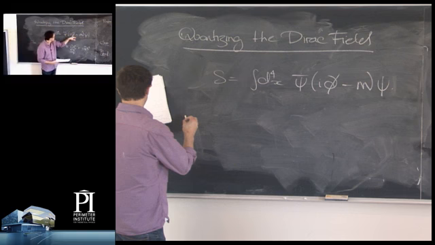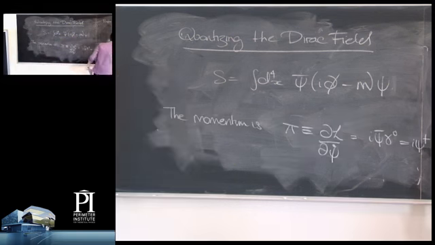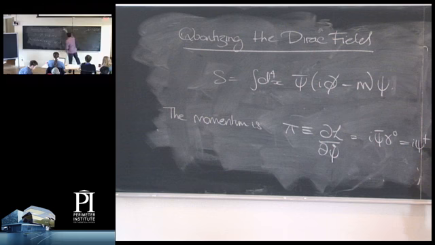Differentiate with respect to psi dot. There's the i, there's a gamma 0 lurking in this D slash, and there's the psi bar. Okay, but psi bar gamma 0, we have a name for that. That's just psi dagger.